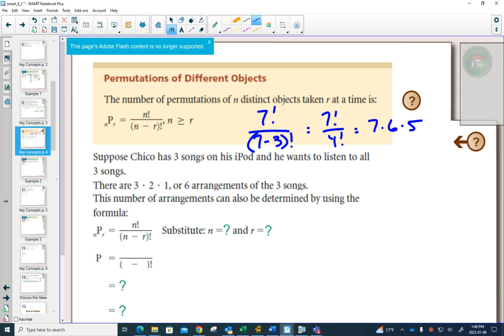Now, this formula has its place, but we don't use it often because the spaces are usually easier. I have 3 decisions to make: 7 choices for the first, 6, then 5. That's easy. Where the formula might be nice is if you have, say, 80 different chocolate bars and you want to eat 50 of them.